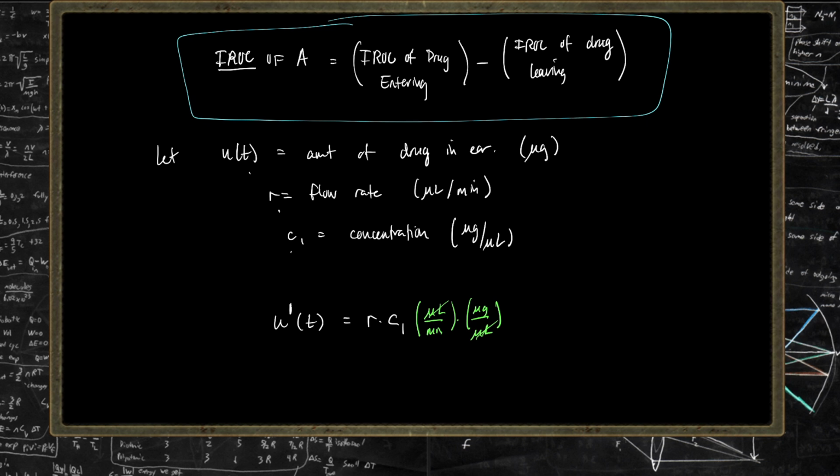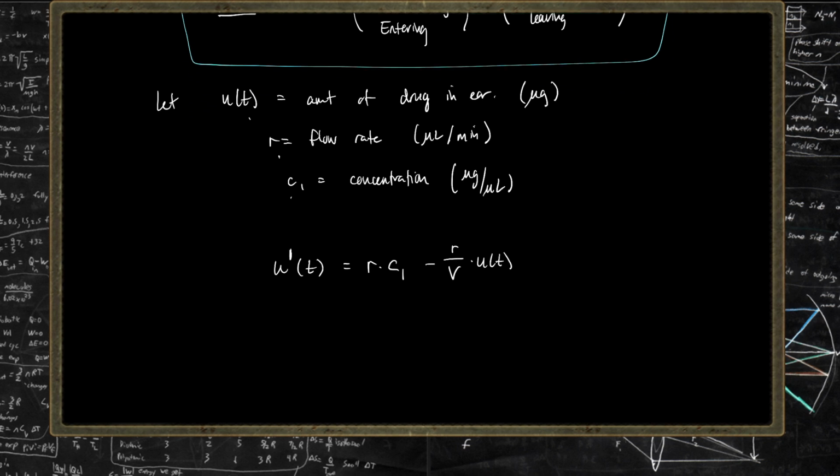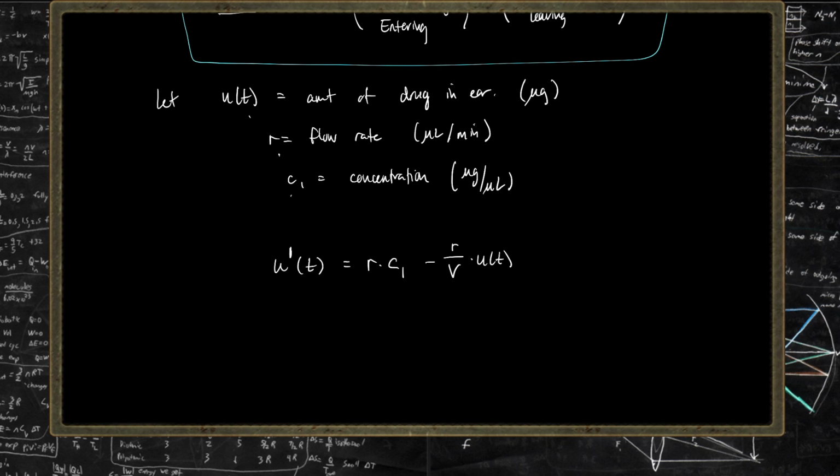Okay. I'm actually going to erase this so we can just look at the model itself. So RC1 minus, and then for the rate out, it's going to be the rate over the volume of the total inner ear times U of t. Now we'll pause and think about this for a second, why that's the case.